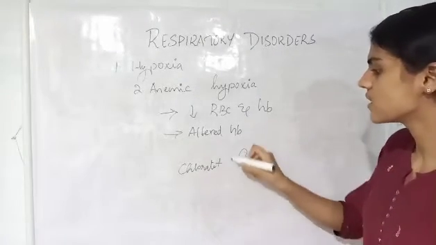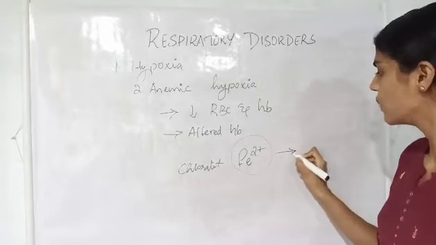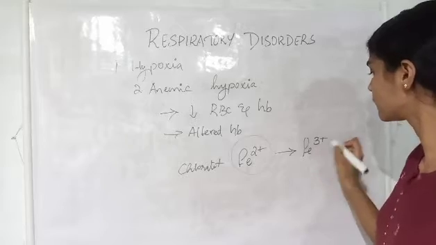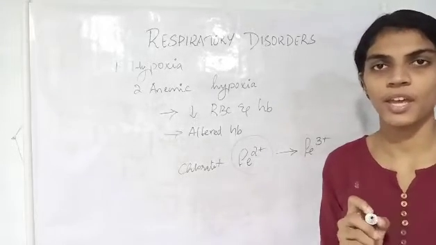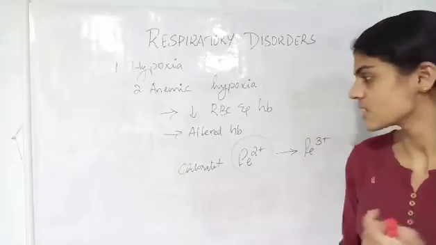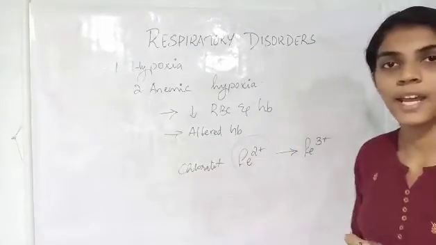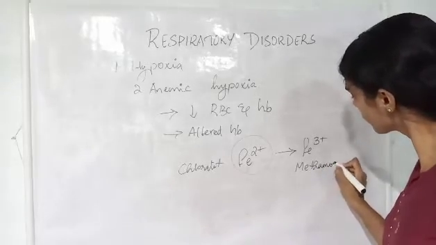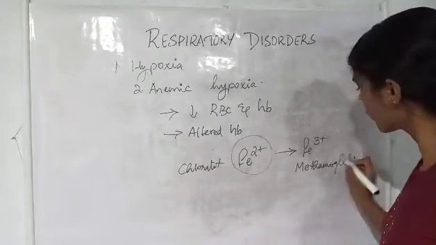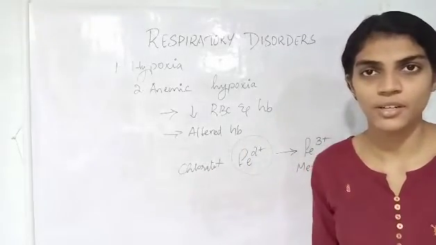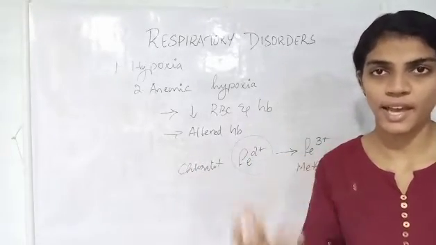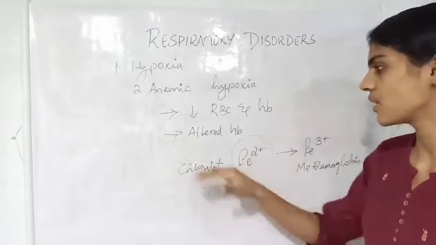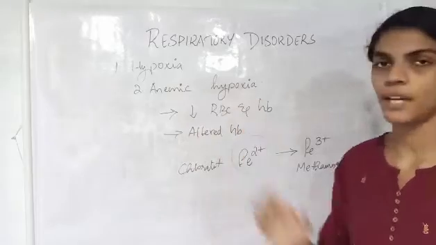This ferrous state of the atom will be oxidized into ferric, Fe3+. In such a case, the hemoglobin thus obtained is known as methemoglobin. Such a methemoglobin can no longer combine with oxygen, so the oxygen cannot be carried properly. By this condition also, you can find anemic hypoxia.